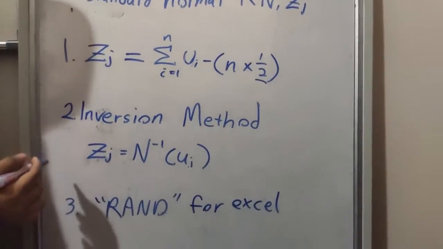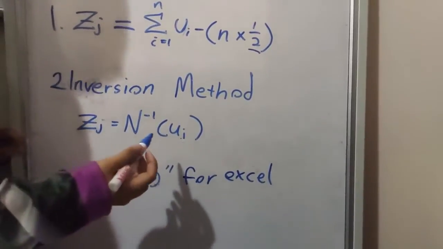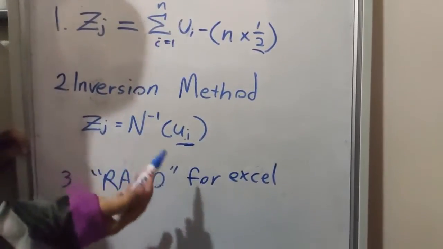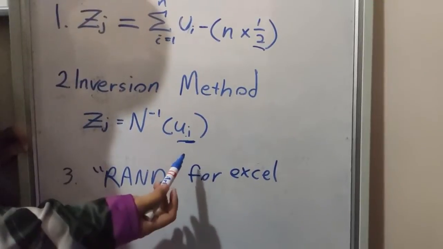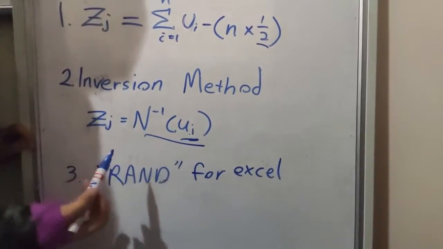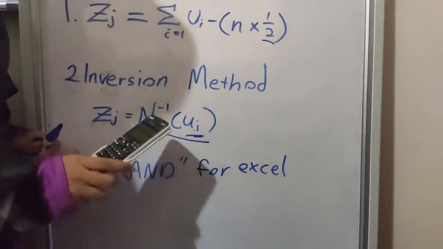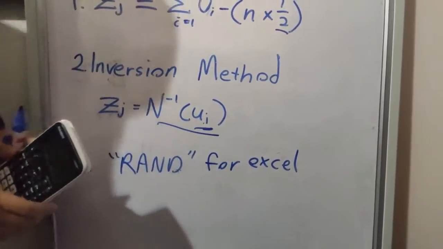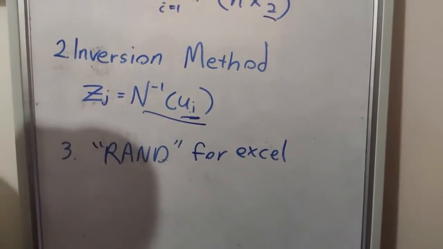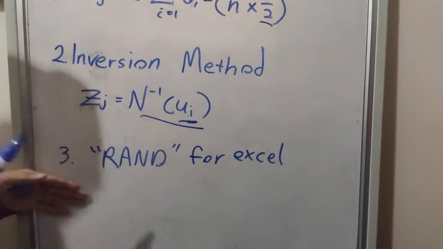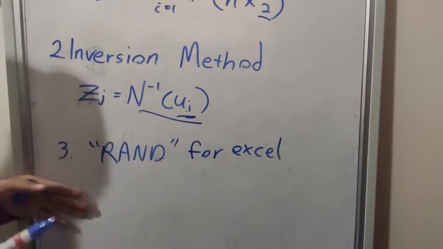Secondly, we use the inversion method. We inverse the value of the uniform random number, and this value can be found in the standard normal distribution table, or we can use the calculator, the Casio fx-570EX. And lastly, we use the random function in Excel to generate random numbers between 0 and 1 from the uniform distribution of (0, 1).